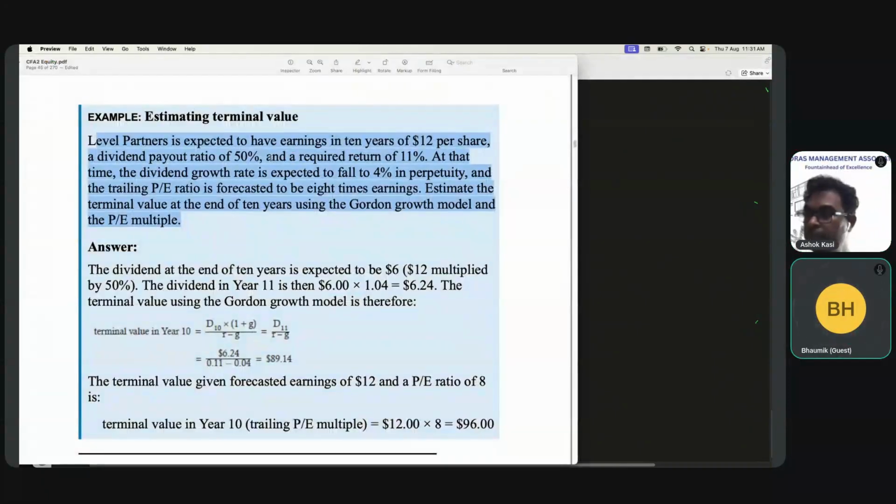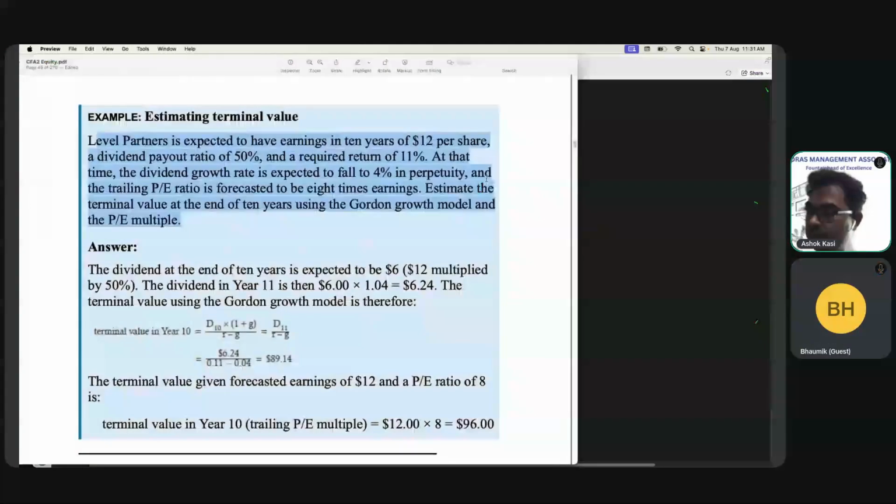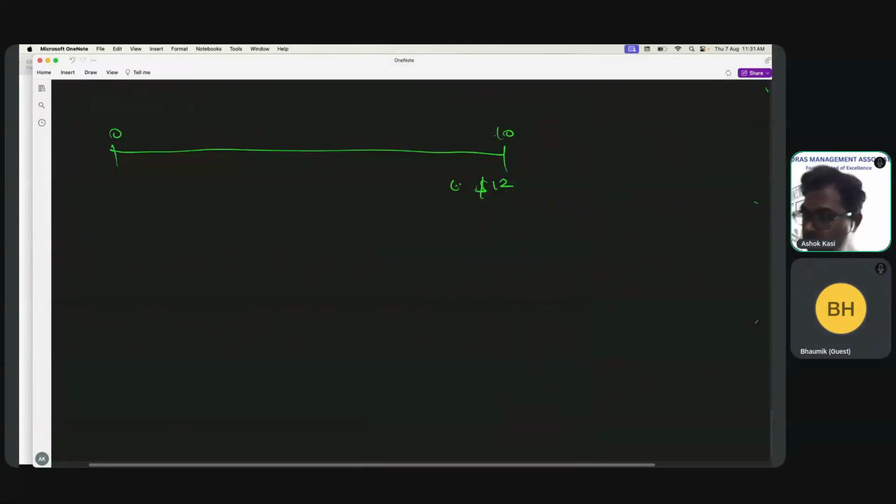So Level partner is expected to have earnings in 10 years of $12 per share. A dividend payout ratio of 50%. So this is the earnings, and the dividend will be payout ratio times earnings, which is 6.